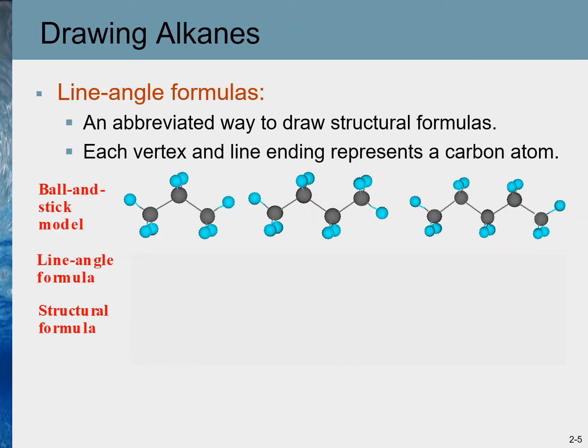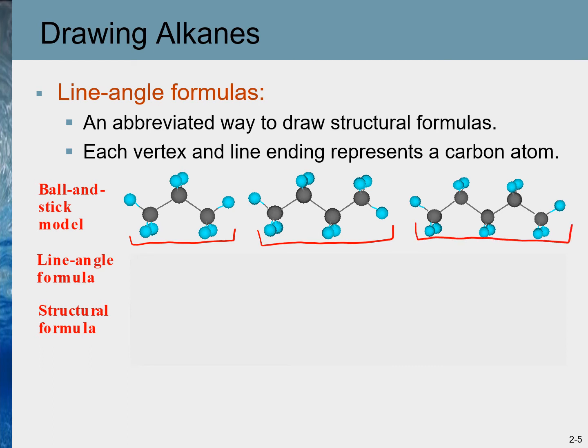There are multiple ways to draw the structure of alkanes. For example, structures of 3 different alkanes are shown here. First one has a 3 carbon long chain, and the second alkane has a 4 carbon long chain, and the third one has 5 carbon long chain.